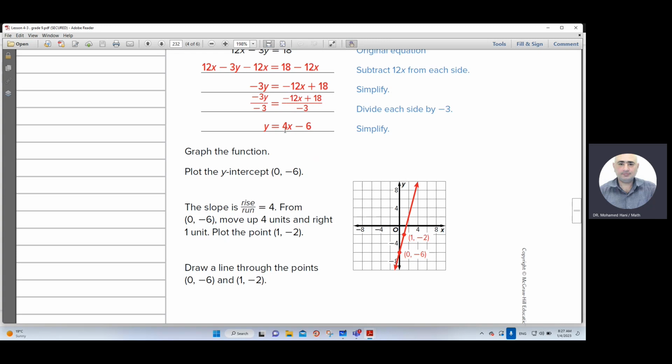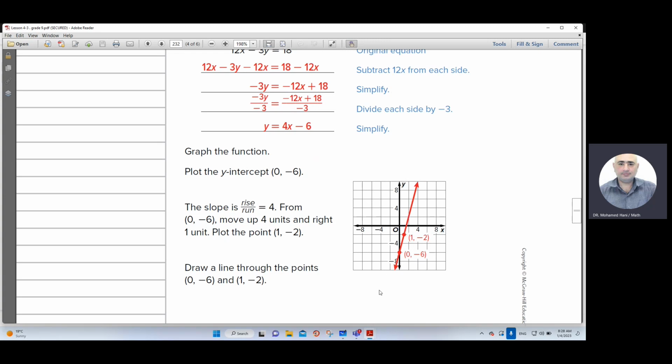Then we have here +4, which means from -6 in the y-axis, go 4 units up. This is 1, 2, 3, 4. Then the run will be 1 here. So go right 1. So the point will be here. Then match between the points.